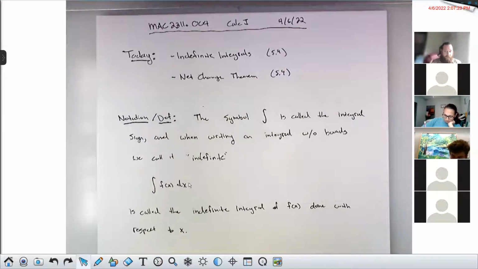And when we say done with respect to x, we don't mean regarding x highly, right? We don't mean exalting x or treating x as though it deserves a bunch of respect. We mean we're treating x as the variable. Just like when we talk about differentiating with respect to y, or with respect to t, or with respect to x, integrals can also be done with respect to different variables.